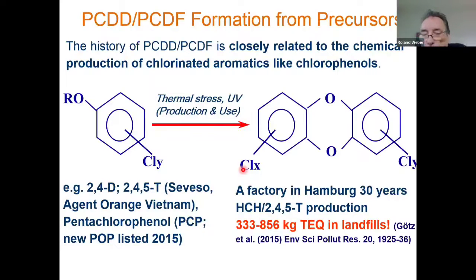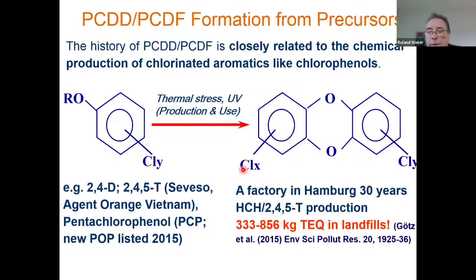And we have one famous old pesticide production in Hamburg. This actually produced lindane and HCH, which Richard mentioned before. And in this factory, we have about 330 to 850 kilograms of this TEQ today in landfills in Germany, with one of the biggest landfills just in the middle of Hamburg.